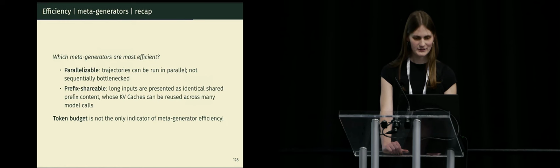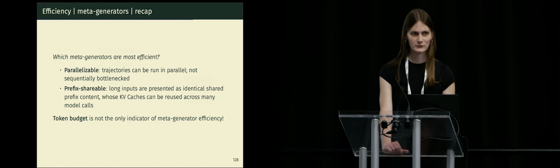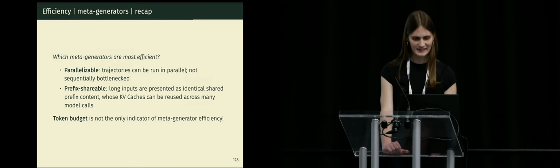And also generations which are prefix shareable, where we have some long input to our model, viewed as a static long input, like the same system prompt or RAG retrieved context in the same order or the same long few-shot examples presented across calls. Within a batch we can just reuse this encoded state across the prompt and generate these calls much faster than we could otherwise.